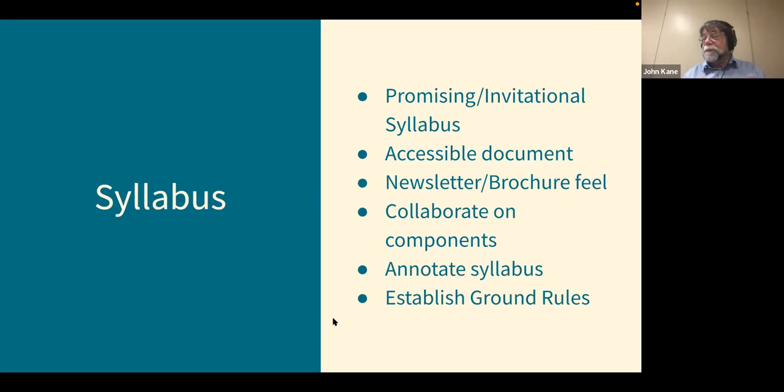Other things you can do in terms of course design, I know we're getting close to that point where we do have to get all these things together, but there was a concept that was put together originally by Ken Bain, where he referred to a promising syllabus. Recently, he's changed the title of that to Invitational Syllabus.